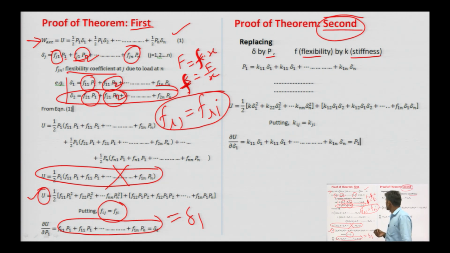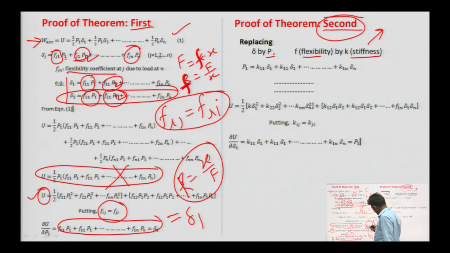So what is stiffness? For unit value of force, the required displacement is the flexibility coefficient, and stiffness will be x by f. This is k, stiffness k is equal to x upon f.